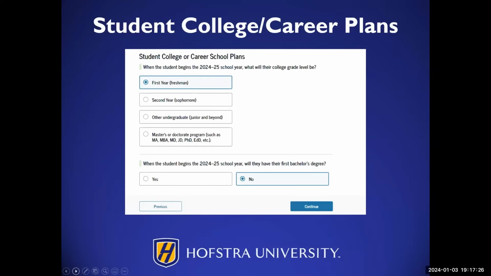When the student begins the 24-25 school year, will they have their first bachelor's degree? The answer will be no, as they have not yet achieved it. That is actually a common mistake. A lot of people do say yes, as they misread the question and think it asks whether they are pursuing their first bachelor's degree. This is asking if they have their first bachelor's degree. So the answer would be no.